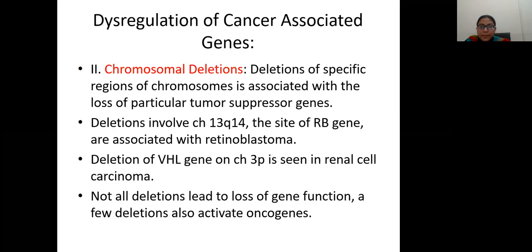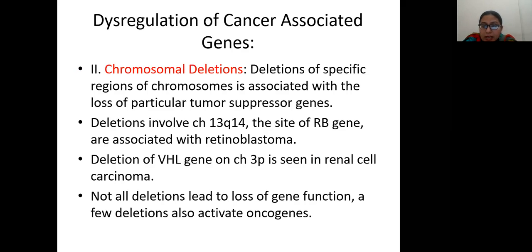Okay. So now the other example, the dysregulation of the cancer-associated genes includes the chromosomal deletion. So basically, beta, the deletion of a specific region of a chromosome is associated with the loss of a particular tumor suppressor gene. Here, as I already discussed, the tumor suppressor genes are responsible to suppress the tumor.